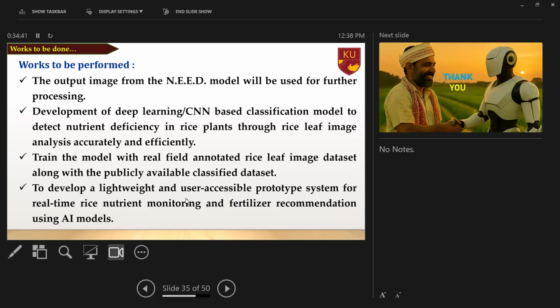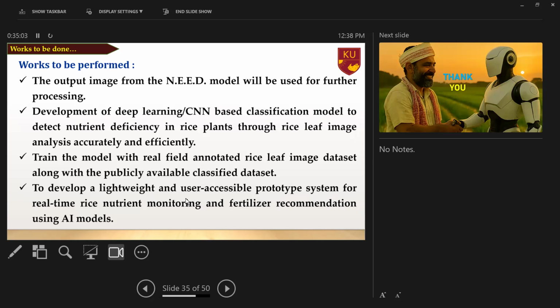We have to design a model to process the output from this model, that is the classification model. We'll develop a deep learning or CNN-based classification model to detect nutrition deficiency in rice plants through rice leaf image analysis.